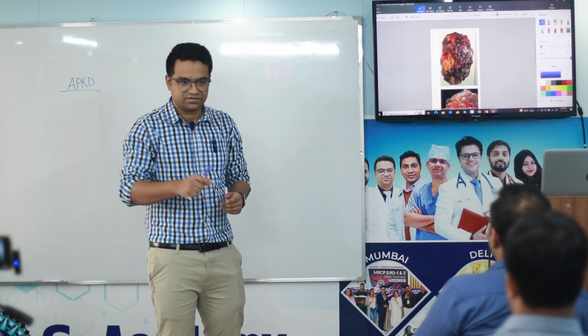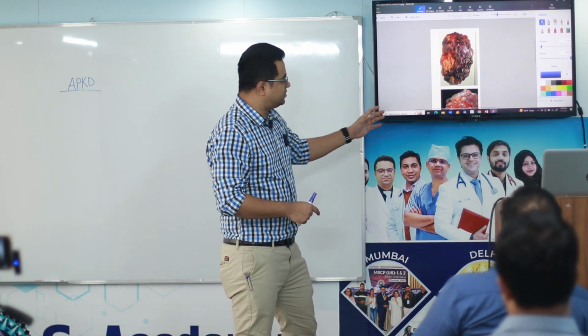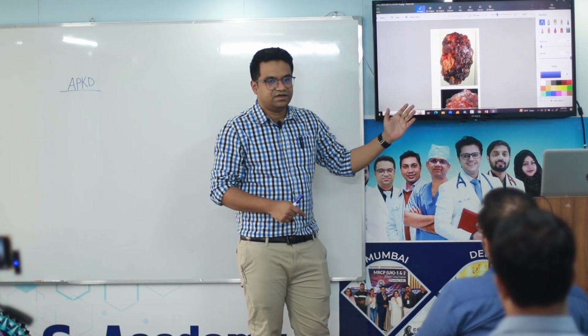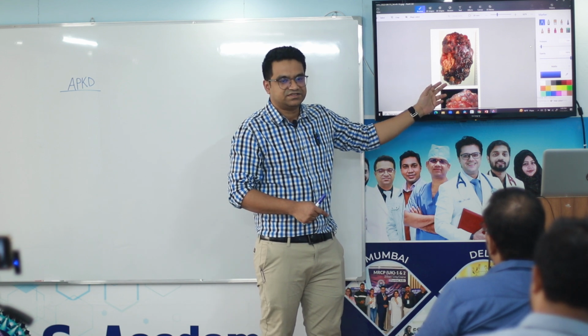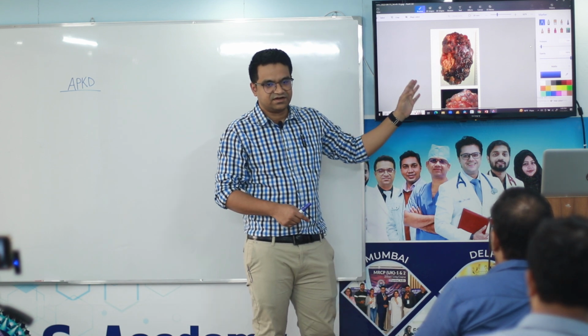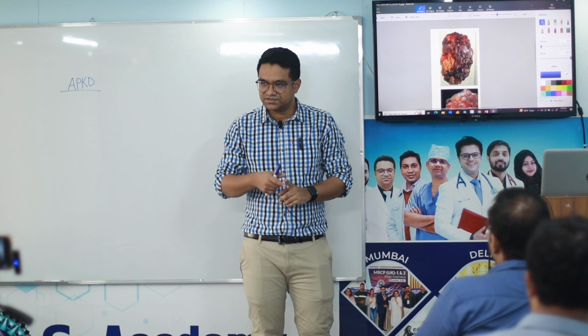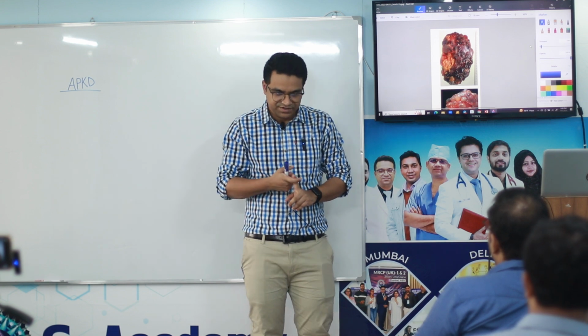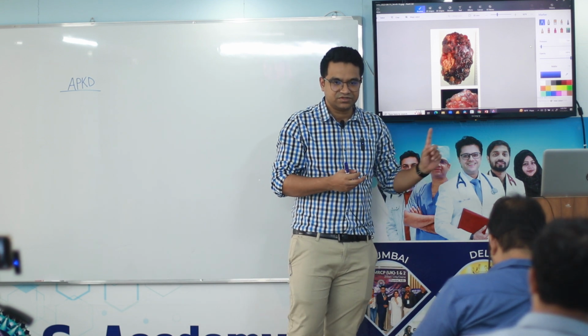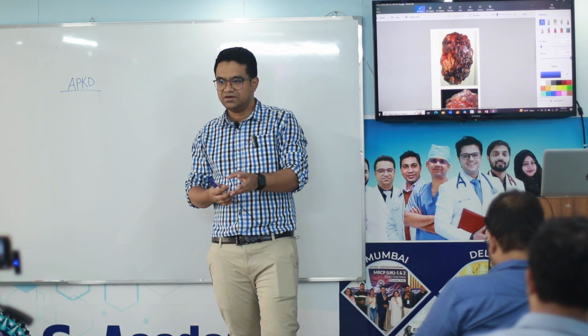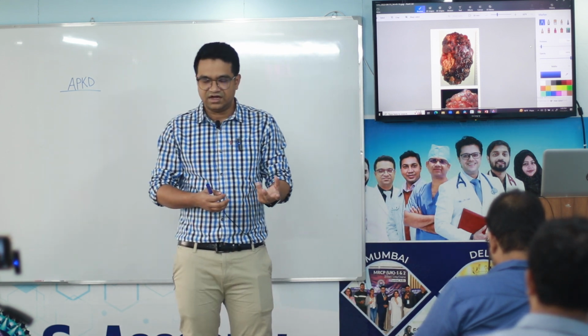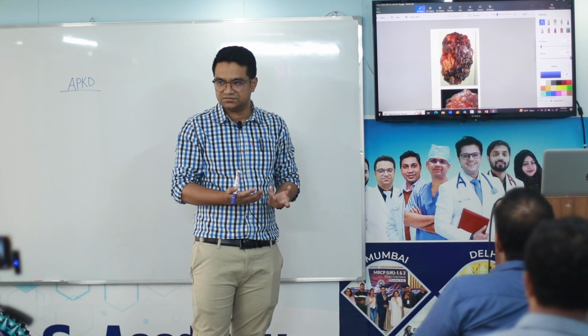Yes, von Hippel-Lindau, VHL. So if the examiner says, name some differentials of APKD, adult polycystic kidney disease, we will consider von Hippel-Lindau disease, VHL. We will consider simple cyst, tuberous sclerosis, sponge kidney, simple cortical cyst.